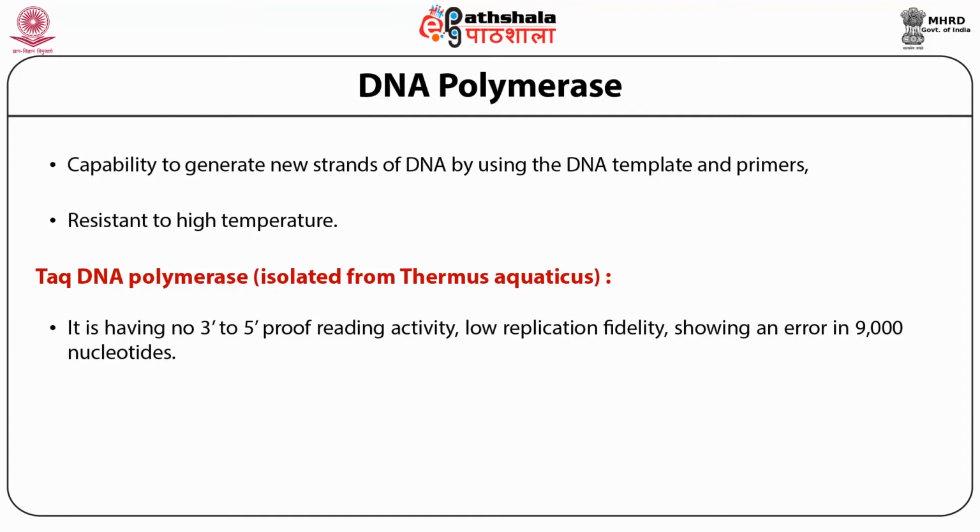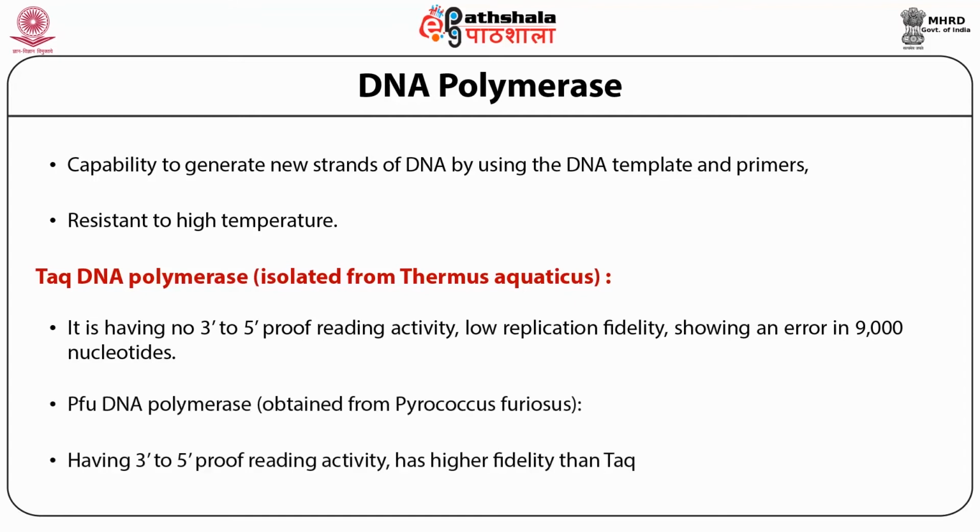Another polymerase, Pfu DNA polymerase, which is obtained from Pyrococcus furiosus, is widely used due to its higher fidelity when copying DNA. In addition, Taq polymerase also adds an extra adenine at the 3' end. These extra adenines are useful for TA cloning.